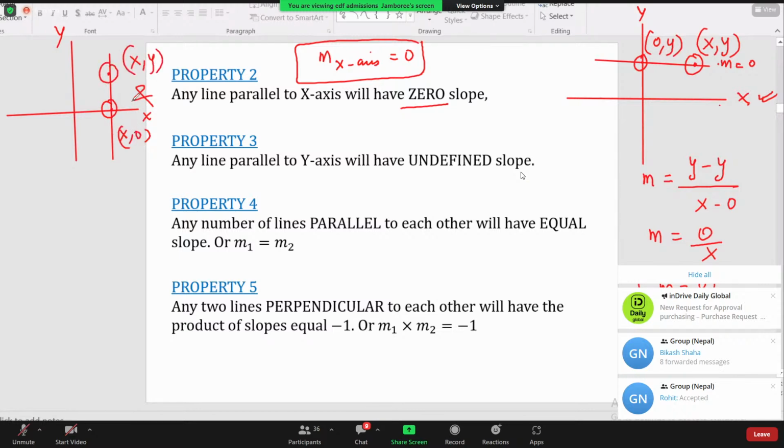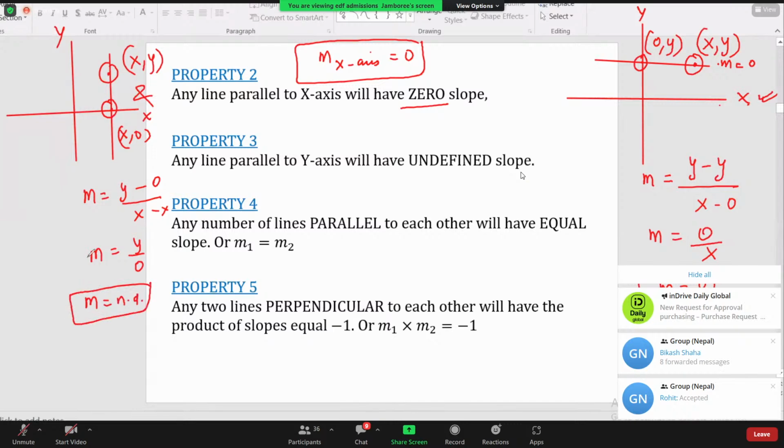Because this line is parallel to the y-axis, the x coordinates of both the points will be the same. So now the slope of the line will be y minus 0 divided by x minus x. And in this context, the denominator will be equal to 0. If the denominator is 0, then this fraction will become not defined, or you can say undefined.